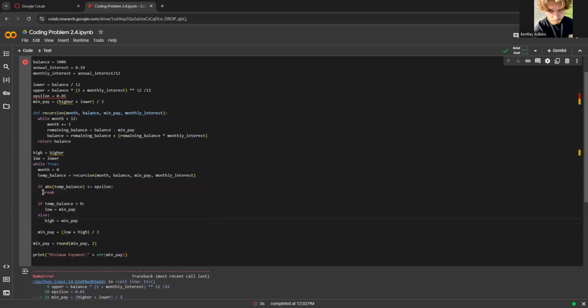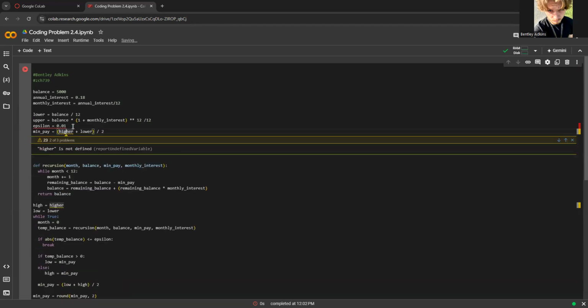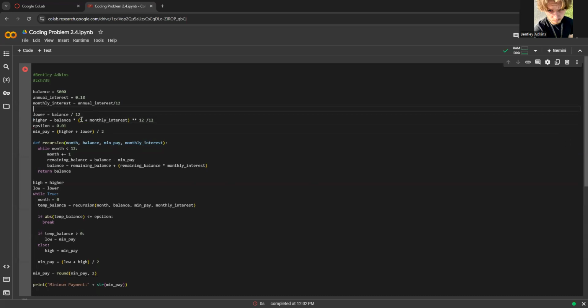That should break there. If absolute value month true equals over. Higher is not defined. Oh, I didn't change this one up. That's why. I should have started from the ground up. Here we go.